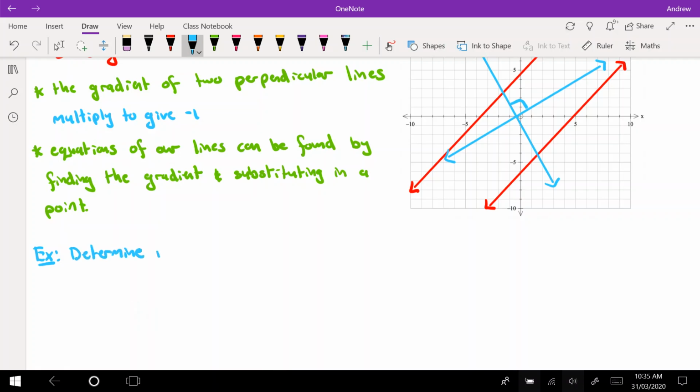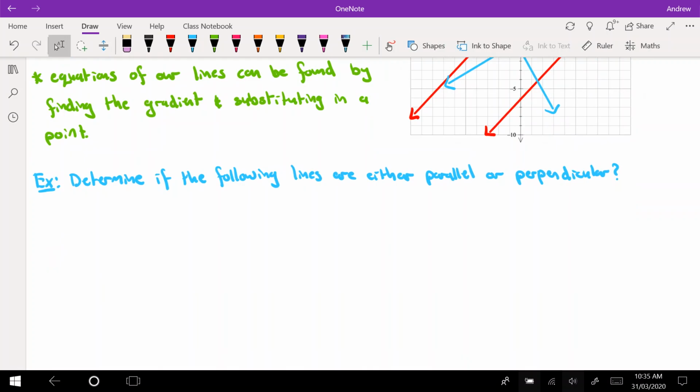So, example. Determine if the following lines are either parallel or perpendicular. So we're just going to be looking at the gradients of these lines to tell right now.